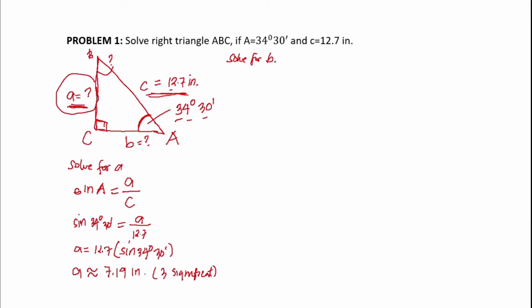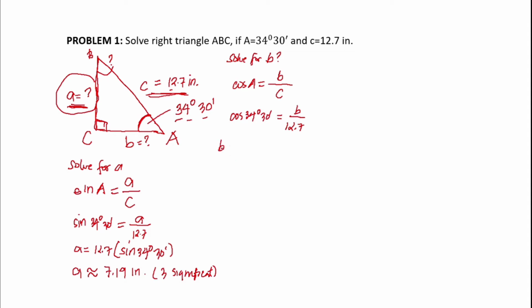B. So we're going to make use of cosine A is equal to the adjacent, which is B, over the hypotenuse, which is C. So adjacent over the hypotenuse, B over C. So cosine 34 degrees and 30 minutes is equal to what is our B? B is unknown over 12.7 inches.